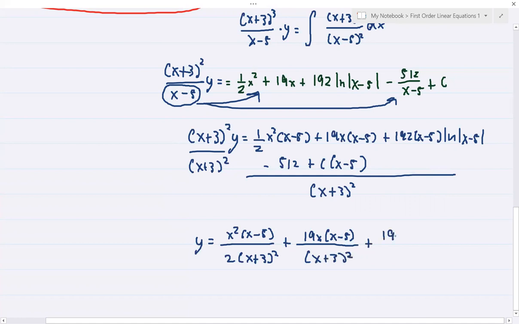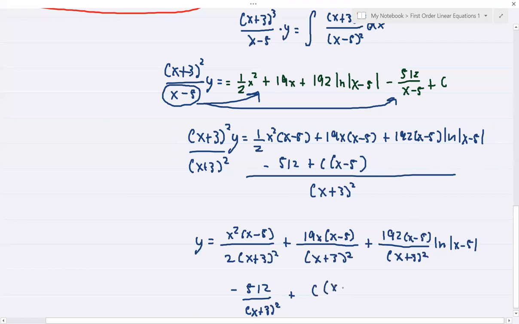Plus 192 times x minus 5 all over the square of x plus 3 plus ln of x minus 5, okay, minus 512 all over the square of x plus 3 plus c times quantity x minus 5 all over the square of x plus 3.